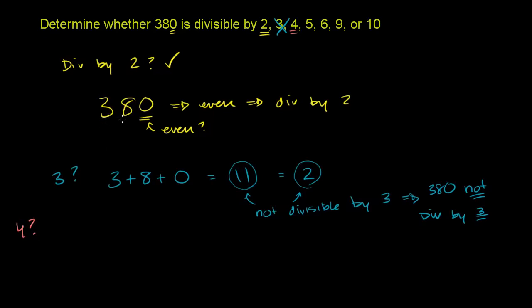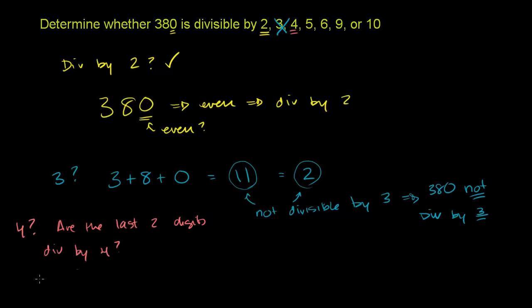So we just have to figure out whether the leftover, the 80, is divisible by 4. Another way to think about it is, are the last two digits divisible by 4. And this comes from the fact that 100 is divisible by 4. So everything in the hundreds place or above is going to be divisible by 4. You just have to worry about the last part.